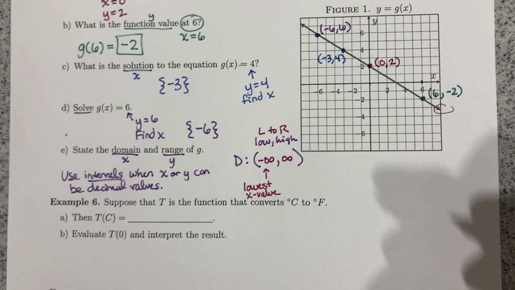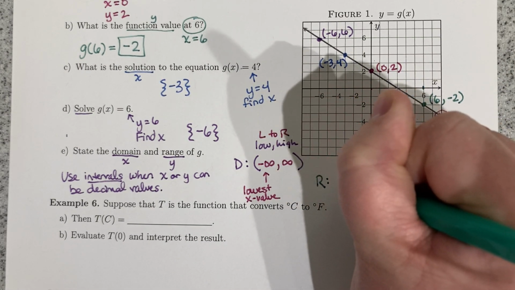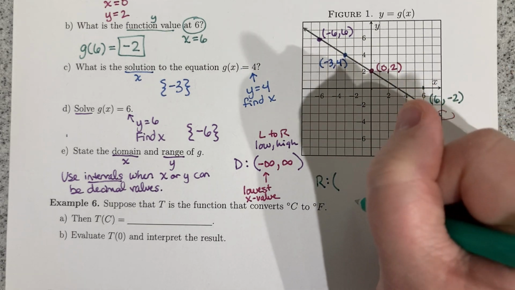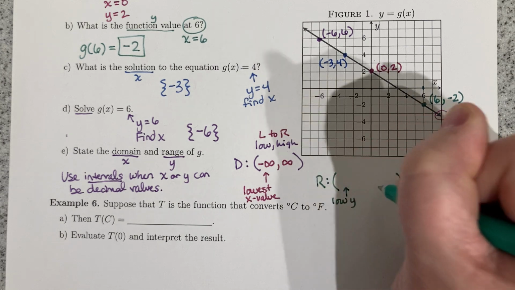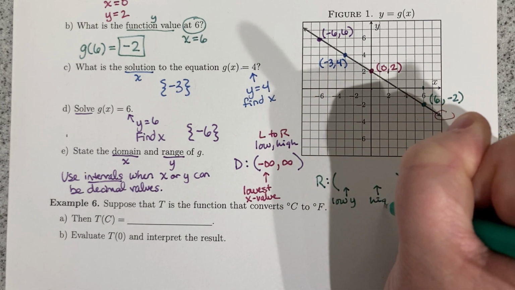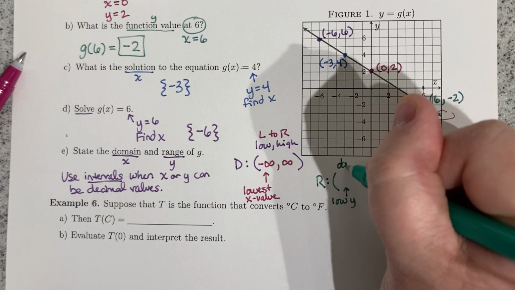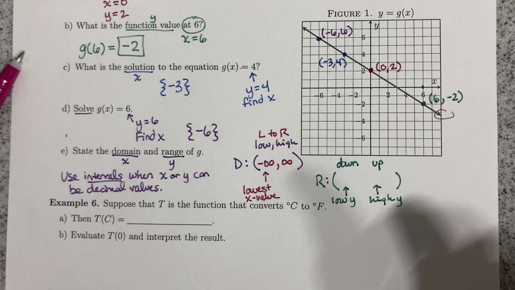We're going to do more examples of these in later videos too. Range, same vibe, except now it's y values. So we need to go lowest y to the highest y, and that's up or down. We start at the most downward position and work our way up.